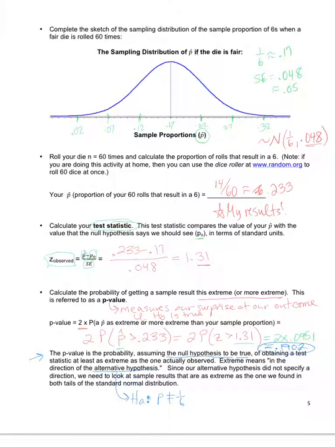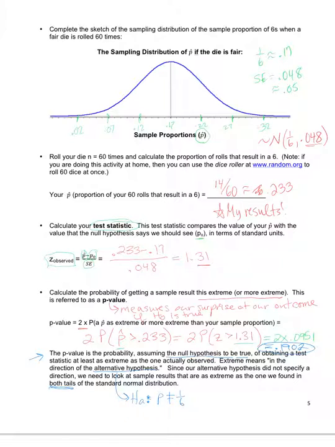Since our alternative hypothesis did not specify direction, we need to look at sample results that are as extreme as the one we found in both tails of the standard normal distribution. In other words, really big values of p-hat, a lot of 6s, would support it, and very few 6s, a very small p-hat, would also support the alternative hypothesis. All right, and one last note here before I go on.